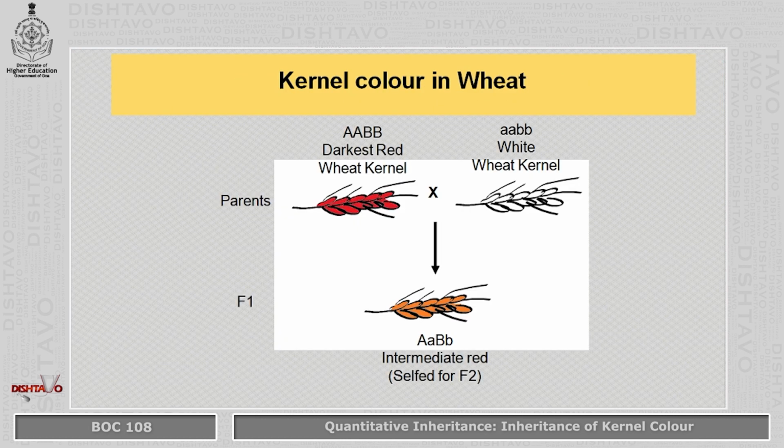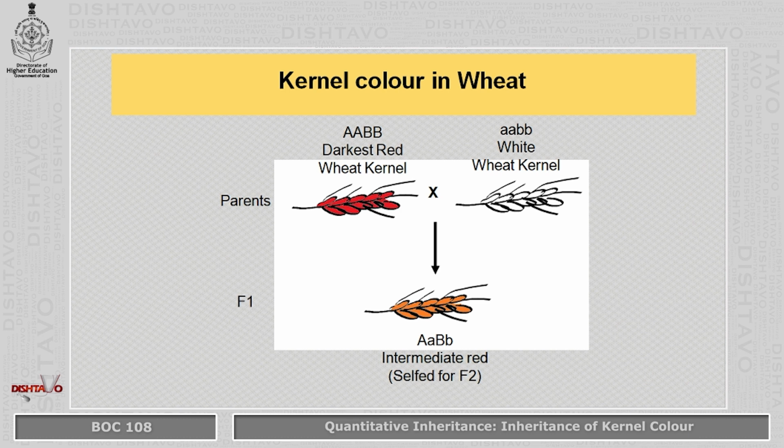So, if we have to see the cross that was done, this is how it would be. The parents: capital A, capital A, capital B, capital B, which would be the darkest red wheat kernel, and small a, small a, small b, small b, which would be the white wheat kernel.